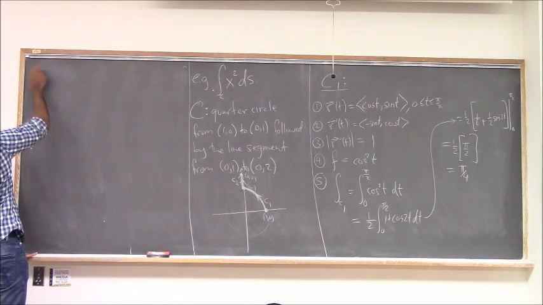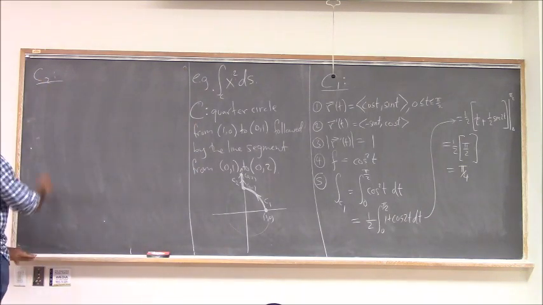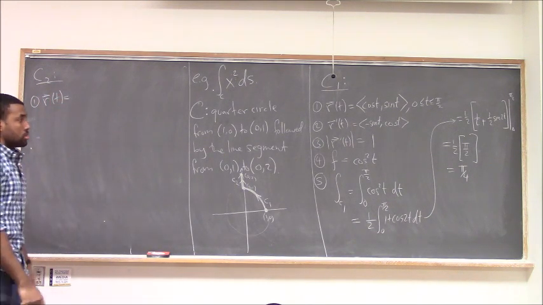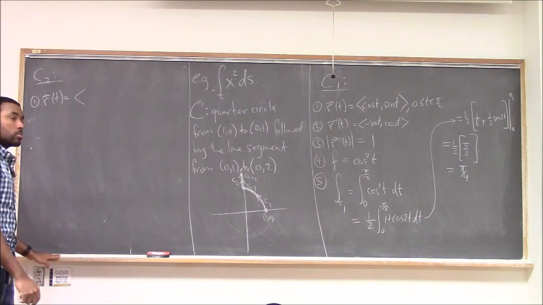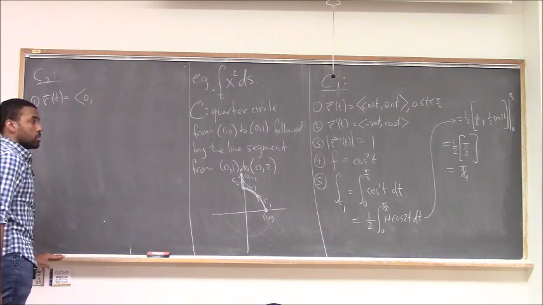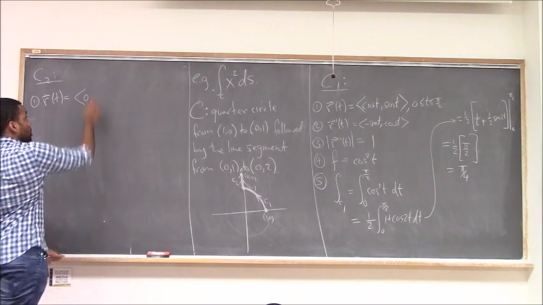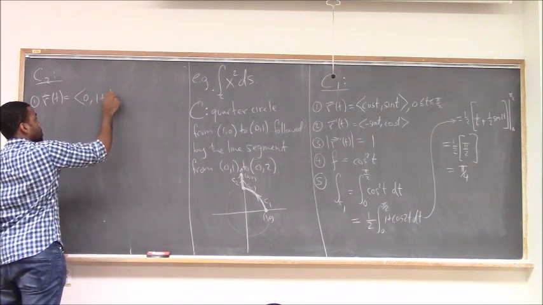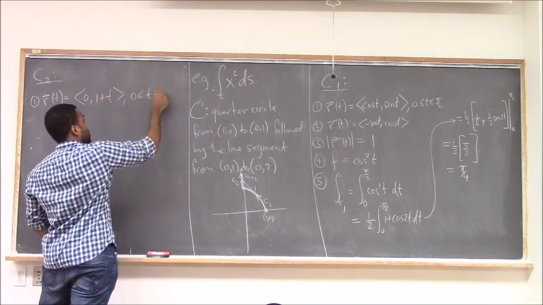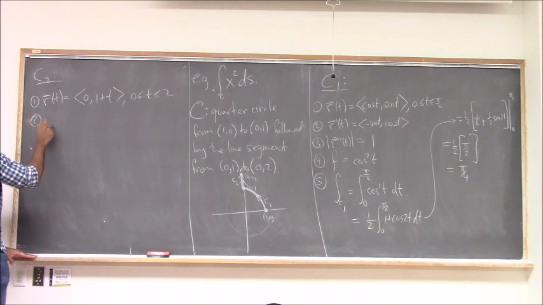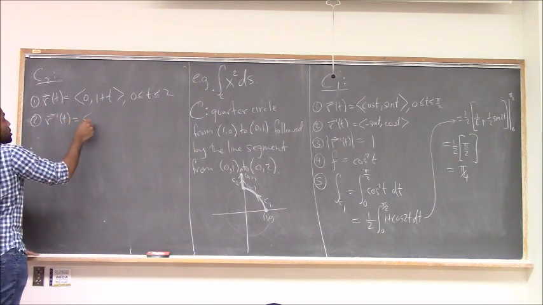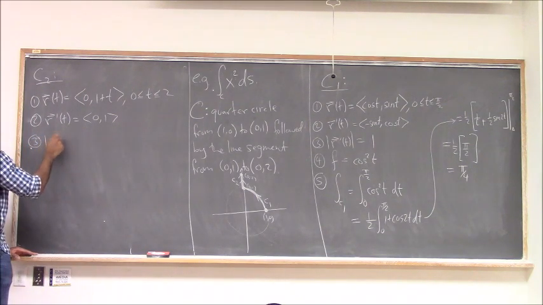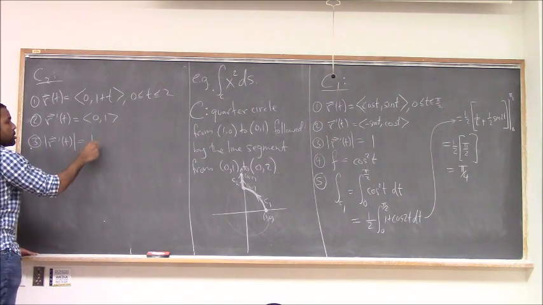Now we're going to do C2. And for C2, our r(t) is going to be what? (0, 1 + t). r'(t) is just going to be (0, 1), which means the magnitude of r'(t) is again going to be 1.